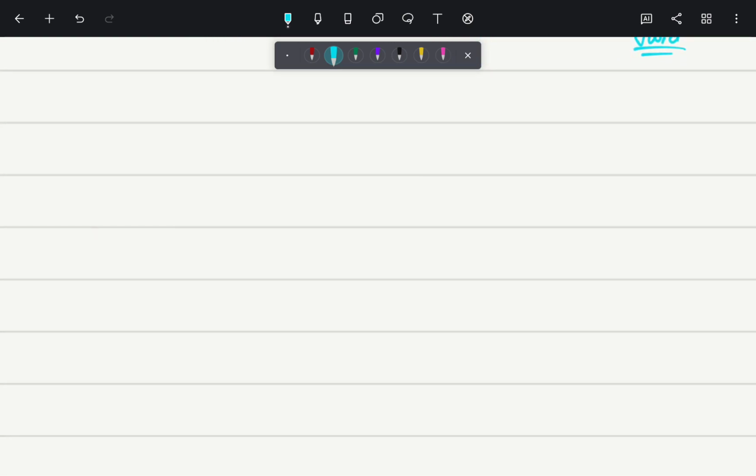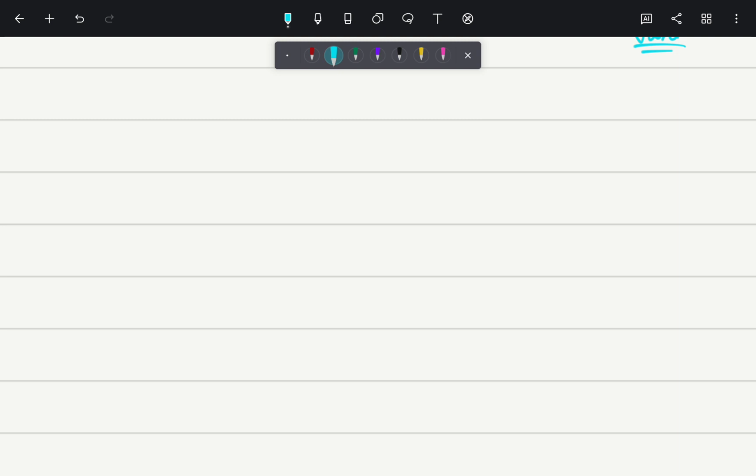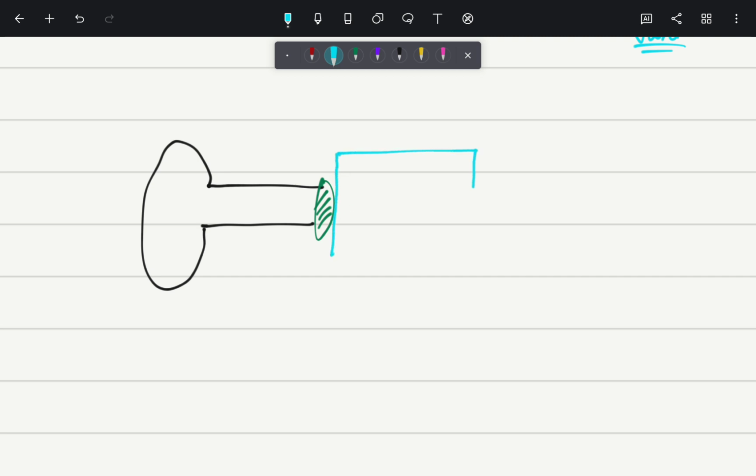Now let's talk about the causes of serous otitis media. Here is your external auditory canal, the external pinna. This is your external auditory canal, and this is your tympanic membrane. The tympanic membrane is in close association with the middle ear.